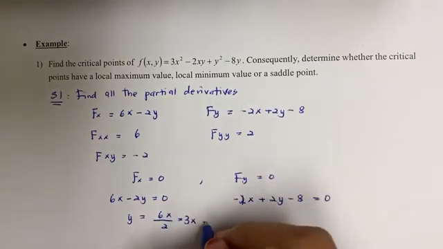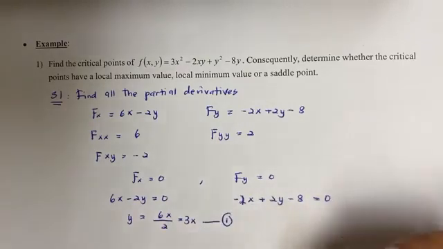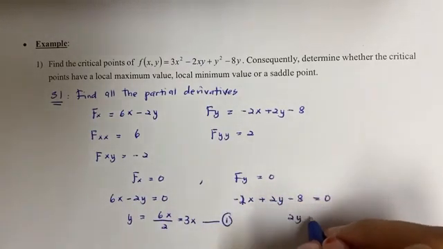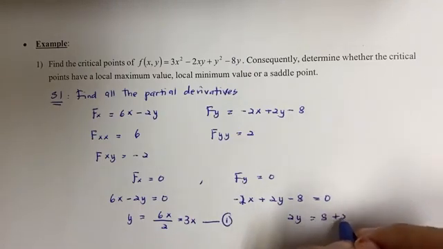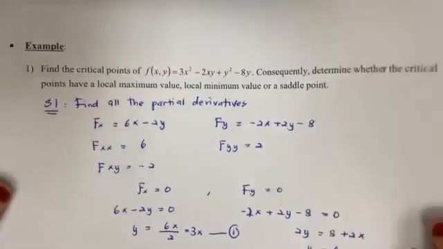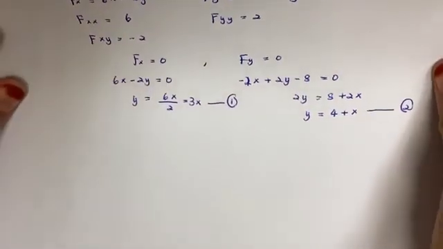Okay, so let this be your first equation. And then from here, you have 2y equal to 8 plus 2x. So your y is equal to 4 plus x. And this is the second equation. So now you have the two equations here.